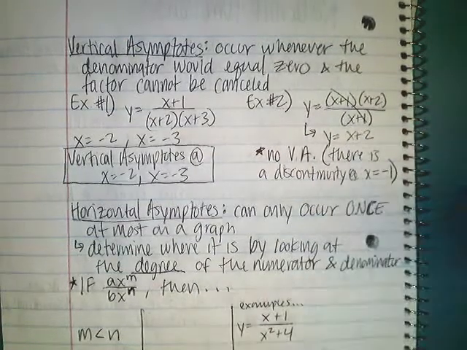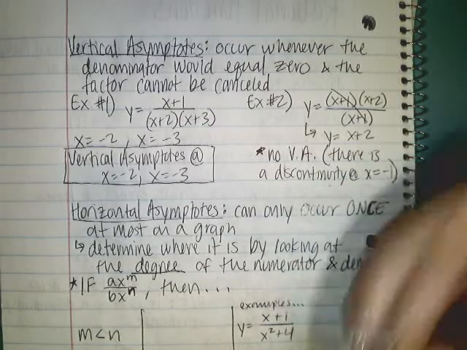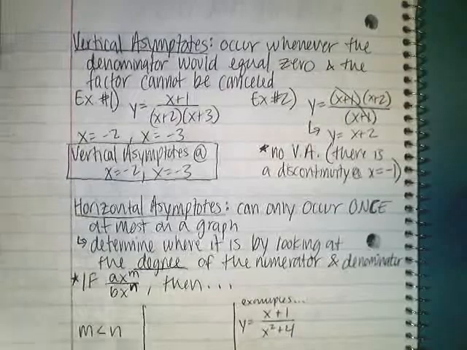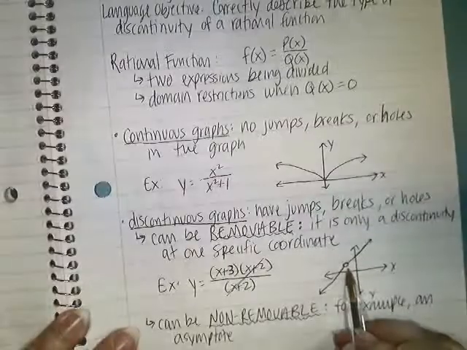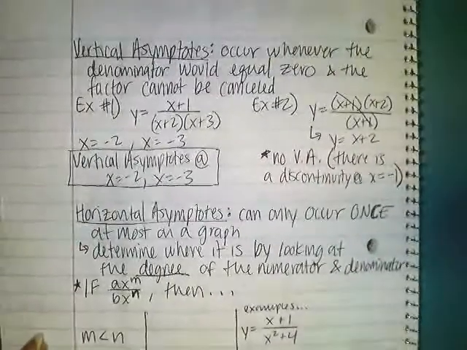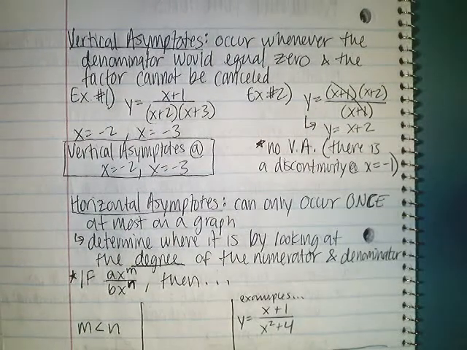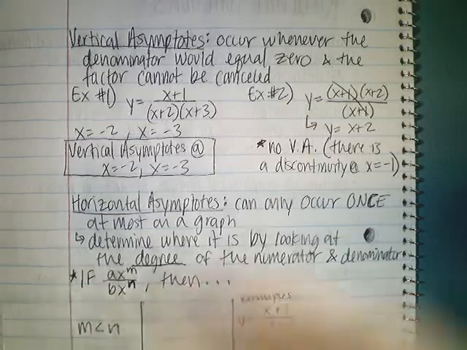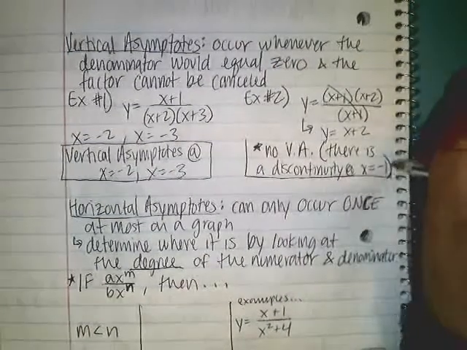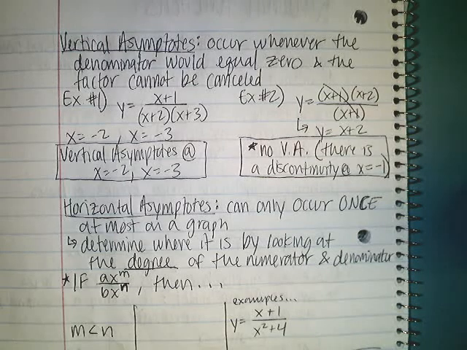Because at x equals -1, my denominator would originally be 0, I'll still have one of those holes like we saw in our removable discontinuity. I'll have a hole like this in our graph because there was originally a value of x that would make the denominator 0, but there's not going to be a vertical asymptote because it was able to cancel out.